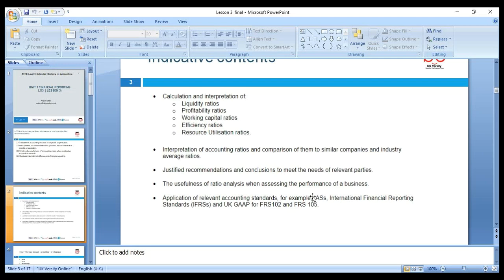Then International Financial Reporting Standards, UK GAAP, Generally Accepted Accounting Principles, for FRS: Financial Reporting Standard 102 and Financial Reporting Standard 105, which we will discuss as well.